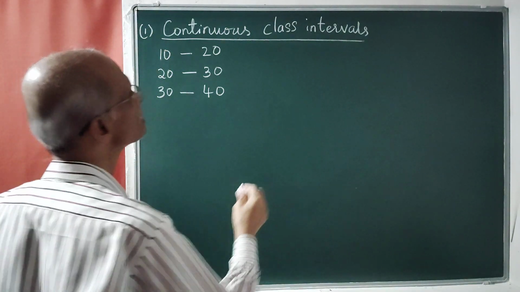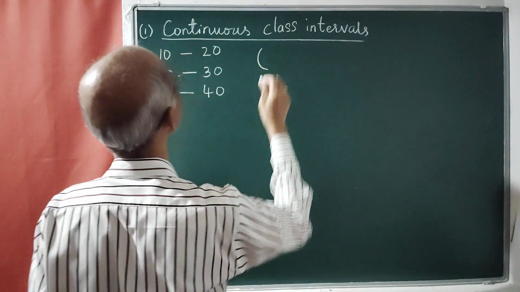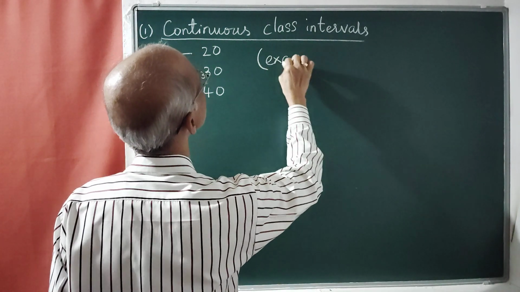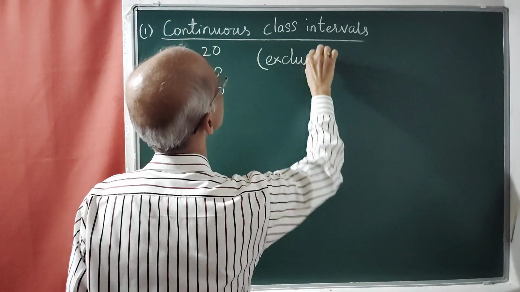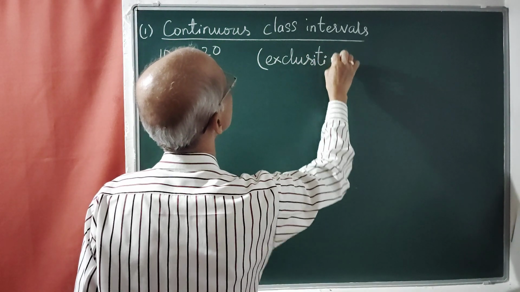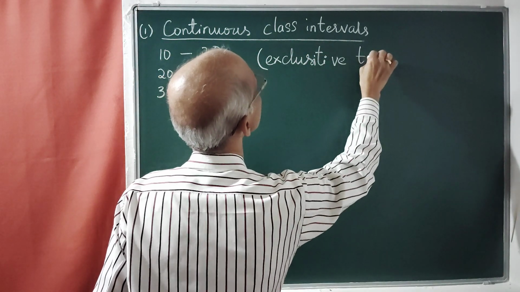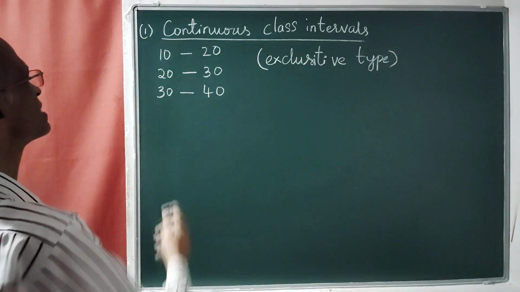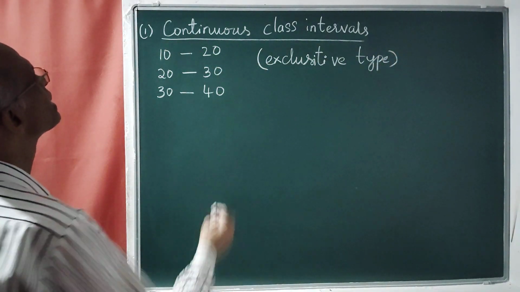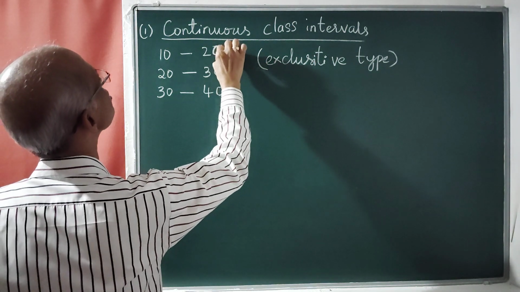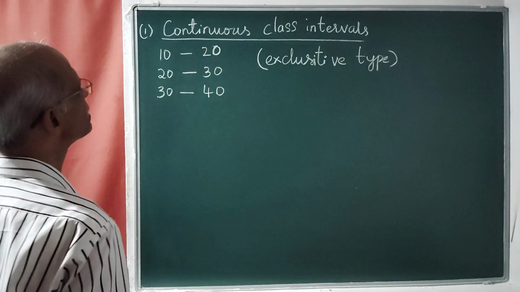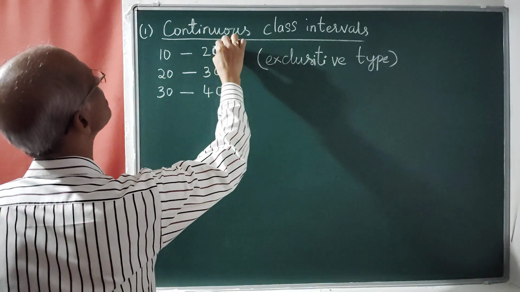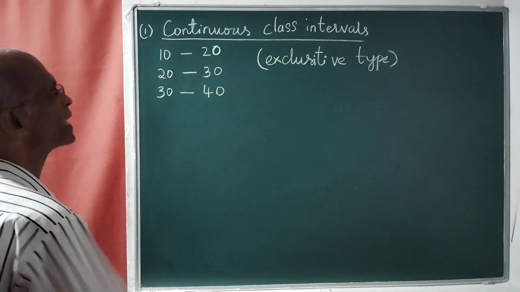It's also called exclusive type, because in this type of class intervals the upper limit is not included in the class. The upper limit is excluded.